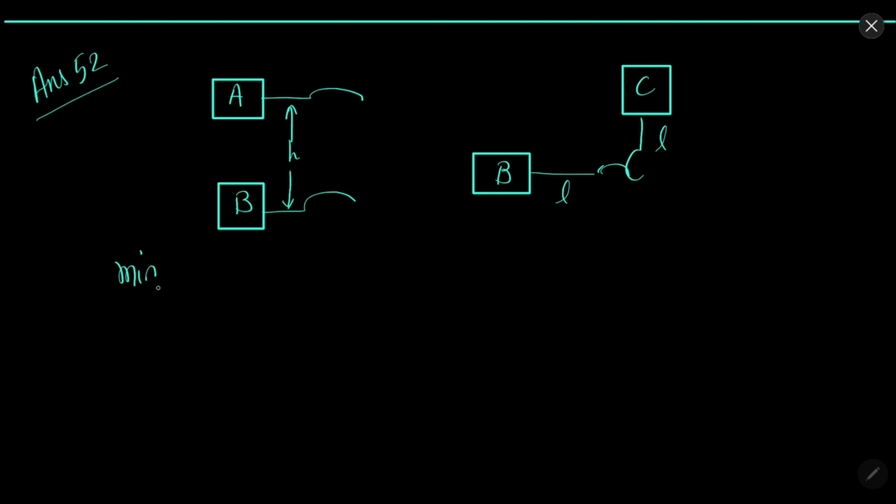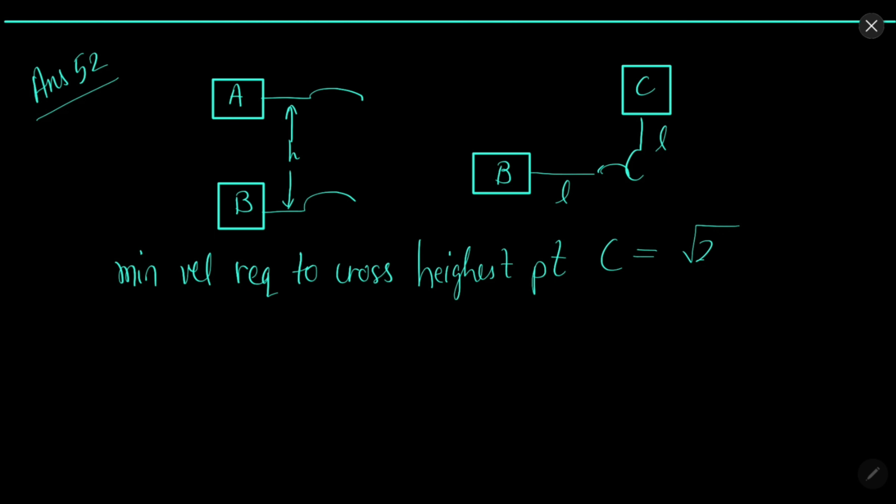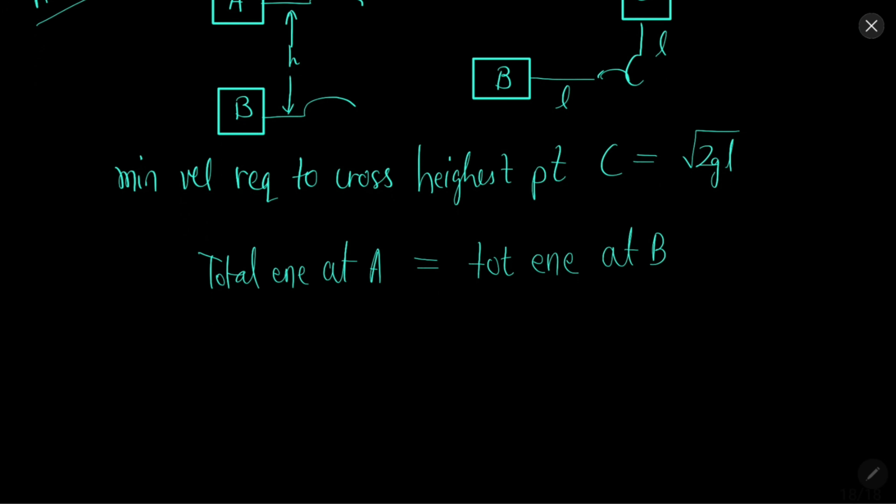Now the minimum velocity required to cross the highest point C is root 2gl. So total energy at A will be equal to total energy at B, mgh equal to half mv square.